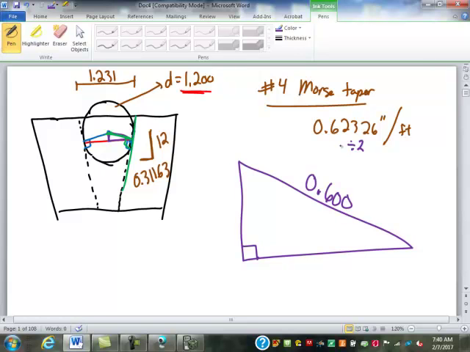Why did I divide it by 2? Because this is the change in the diameter. So if I added up the change on both sides of the hole, it would add up to 0.62326. Each side separately is going to be half that.